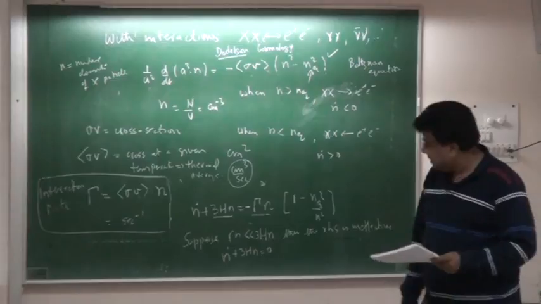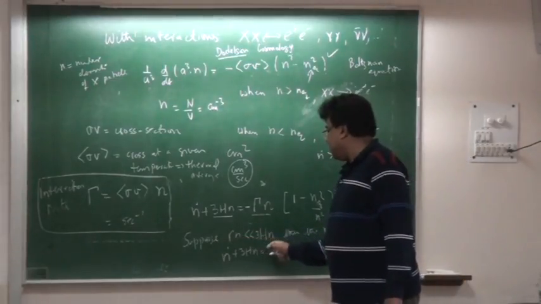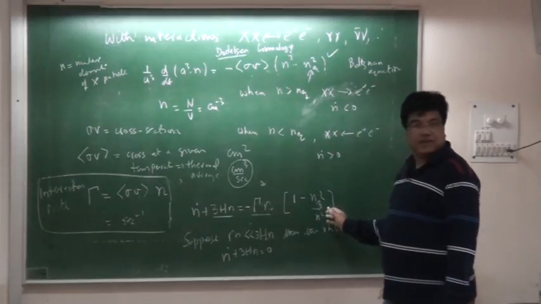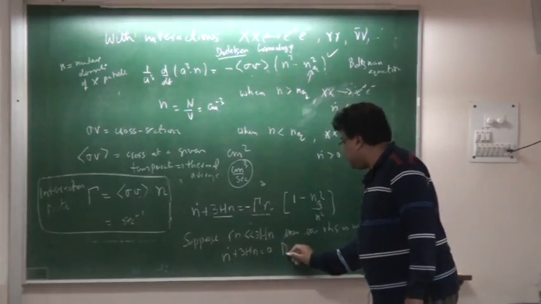So what was I saying here? That when this gamma n becomes less than this side, then this becomes 0. This is what is called the decoupling.